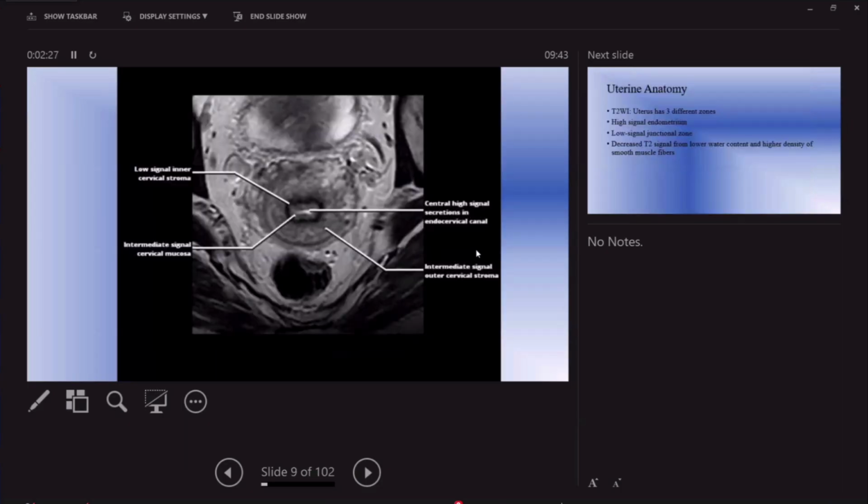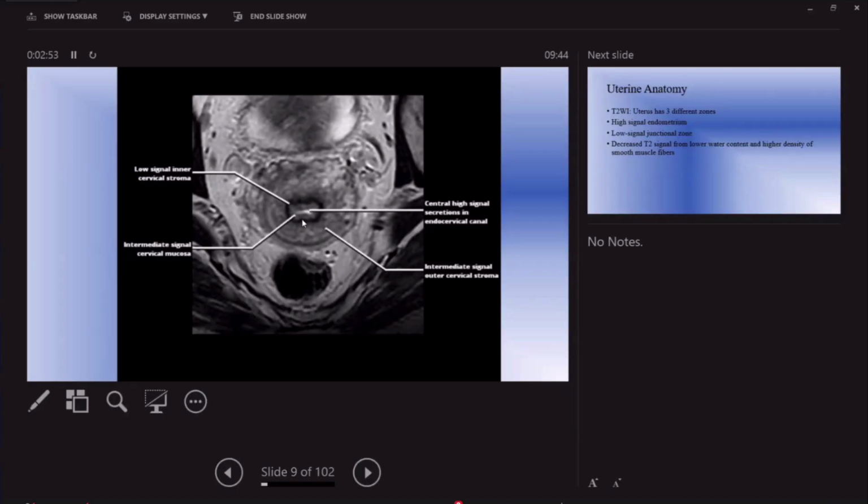If I move into a cross-sectional image, like on axial or short axis, you can see again that the endometrium is high signal intensity, and then you have low signal intensity cervical stroma. So this is at the level of the cervix. You can see the typical ring appearance of the cervix. The cervical gland is high signal intensity.